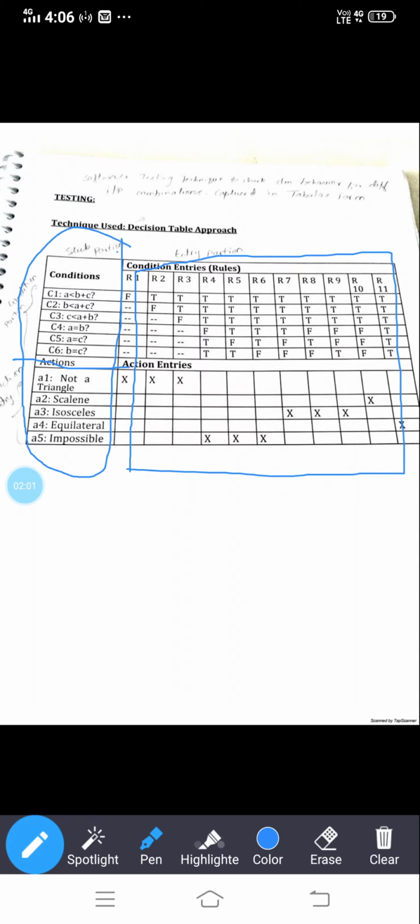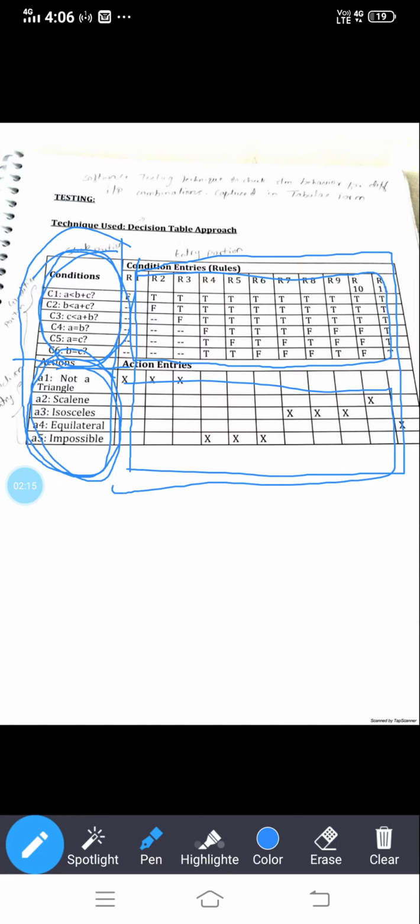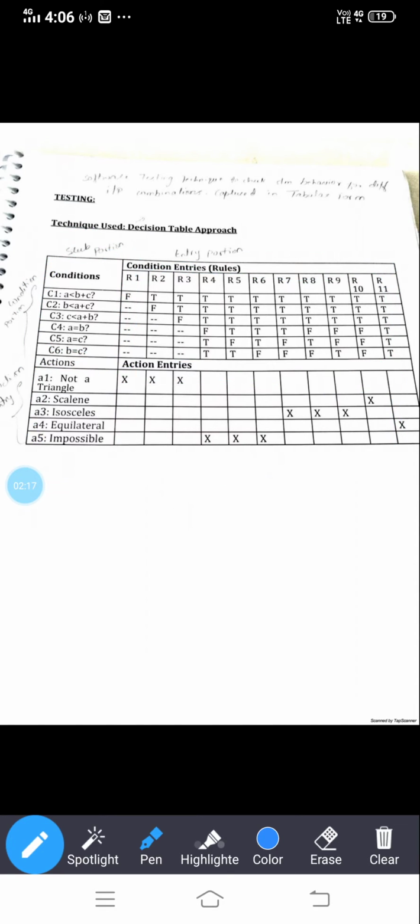The first part is condition, and below that we write action. Next to condition, what you enter is called the condition entry, and on the right side we have the action entry. Understood? So basically four parts.